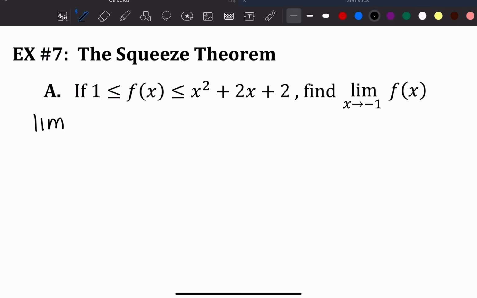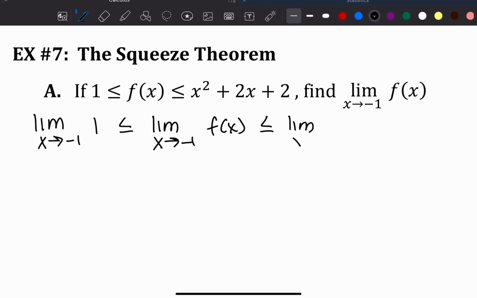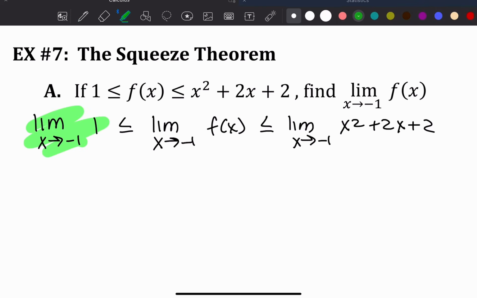So the limit as x approaches negative 1 of 1 is less than or equal to the limit as x approaches negative 1 of f of x is less than or equal to the limit as x approaches negative 1 of x squared plus 2x plus 2. Well, the first part here is the limit of a constant function. So we know that is 1.